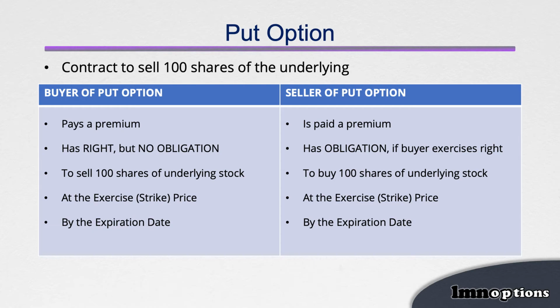A put option is a contract to sell 100 shares of the underlying stock. The buyer of the put option pays a premium and has the right, but not the obligation, to sell 100 shares of the underlying stock at the exercise price by the expiration date. The seller of the put option is paid a premium and therefore has the obligation, if the buyer exercises the right, to buy 100 shares of the underlying stock at the exercise price by the expiration date.